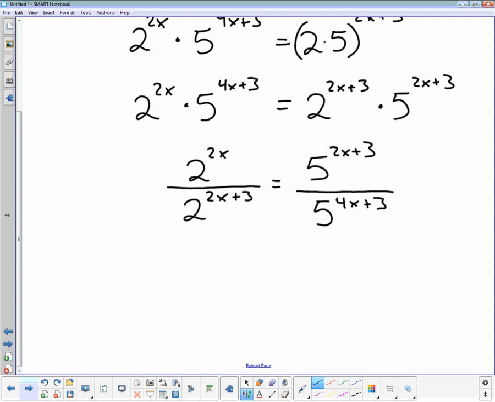The problem with the right-hand side, sure. The left-hand side, no, because the exponents aren't the same. How would you fool with that, right? So because you have the same bases, what can I do with my exponents? Yeah, I can subtract them all.